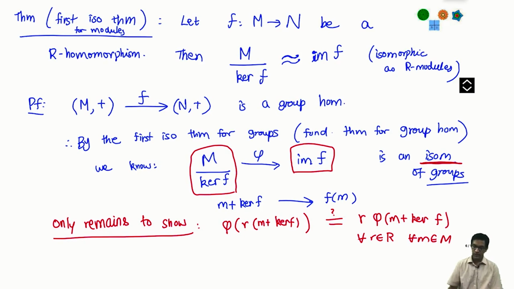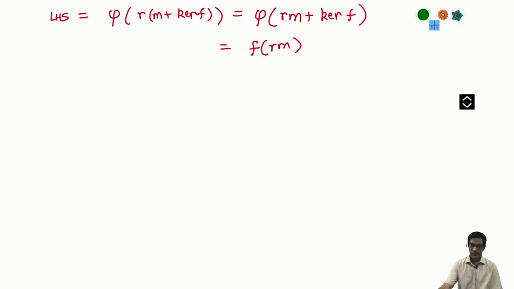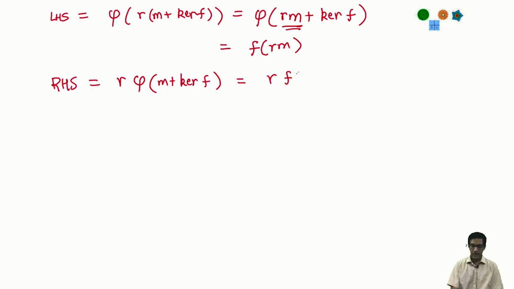Let's go up here and check f of m was the definition of the map phi. So here it is just f acting on the representative rm. So similarly, the right hand side was r acting on phi of this coset, but in this case this is nothing but r acting on f of m by definition.